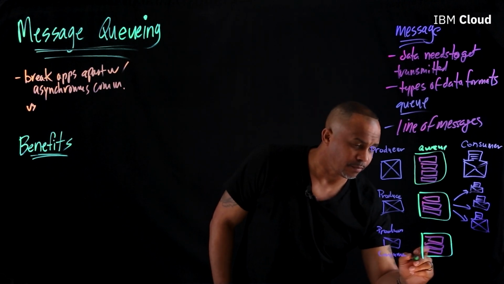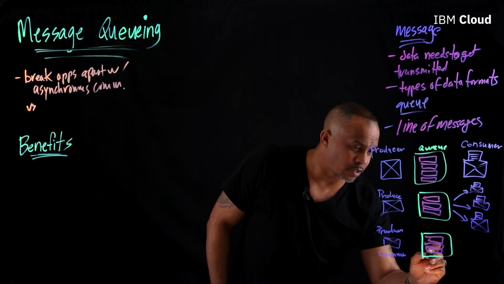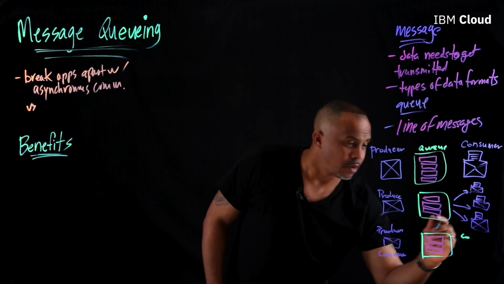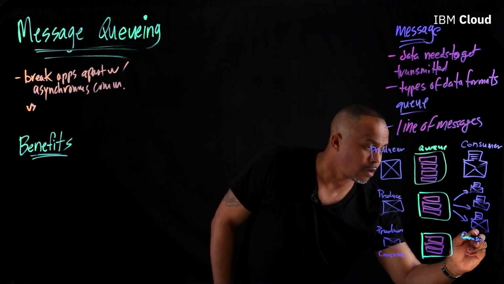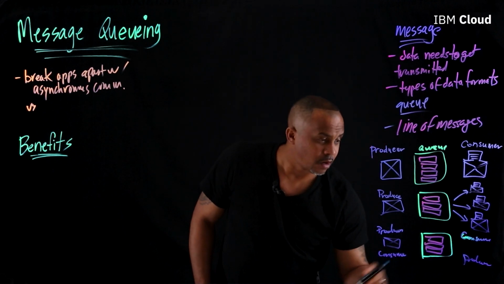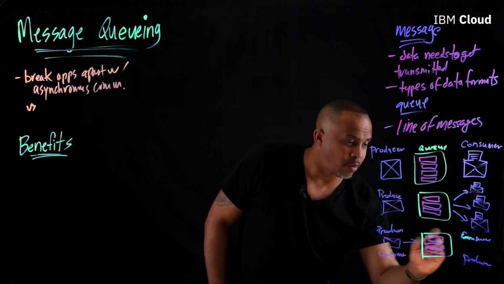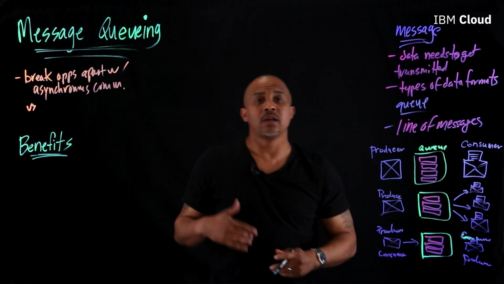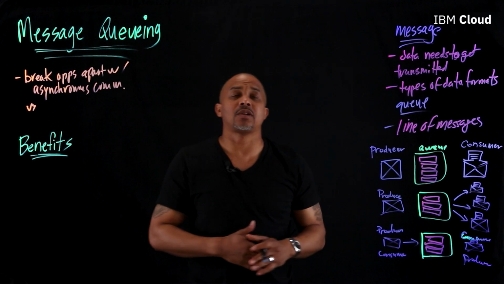And so this could be one way. They could have one channel where they want to go out. Someone could consume it. I could put a request out.